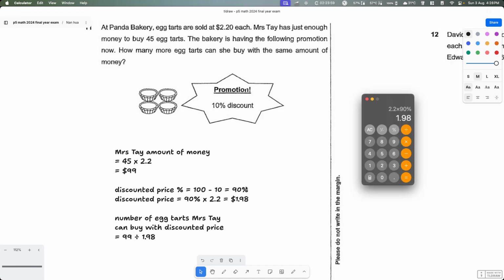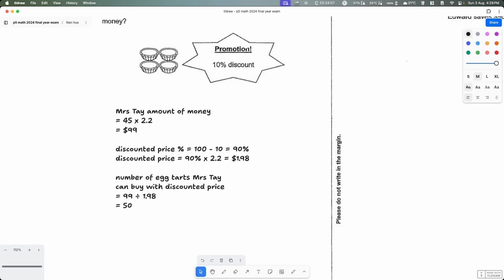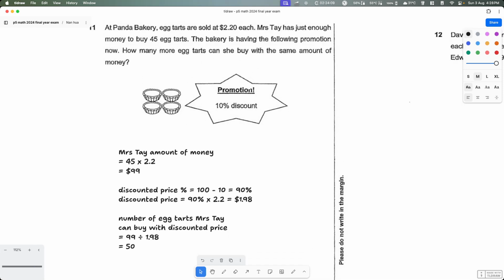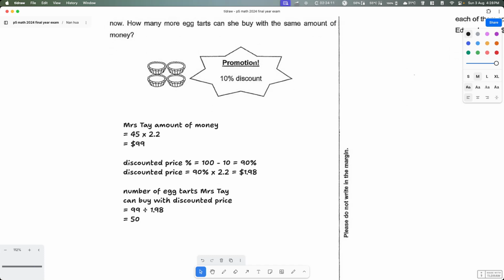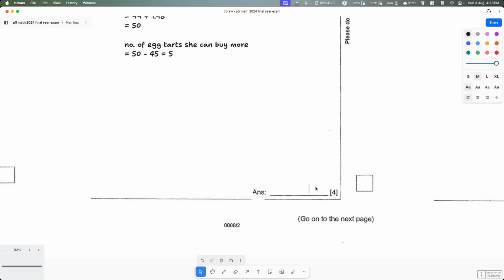Right, so let's see, 99 divided by 1.98. Okay, that is equal to 50 egg tarts, right? So the number of egg tarts she can buy more is 50 minus 45, which is equal to 5. So the answer is 5.